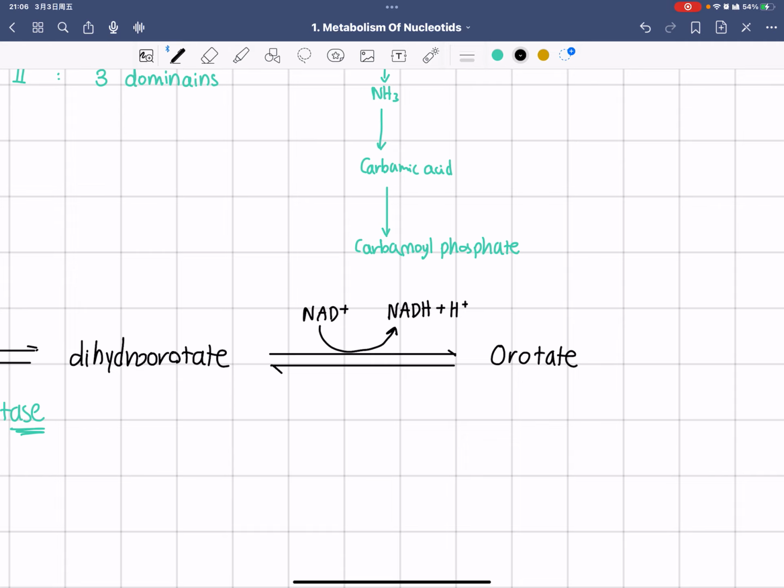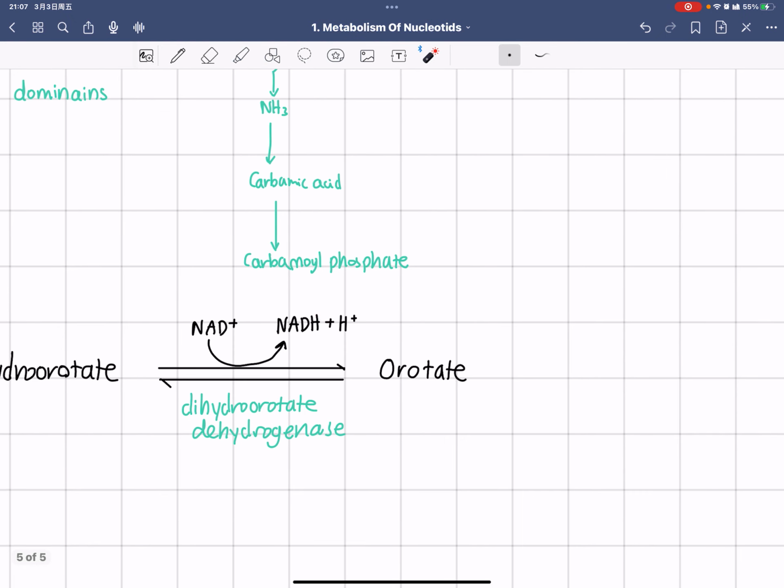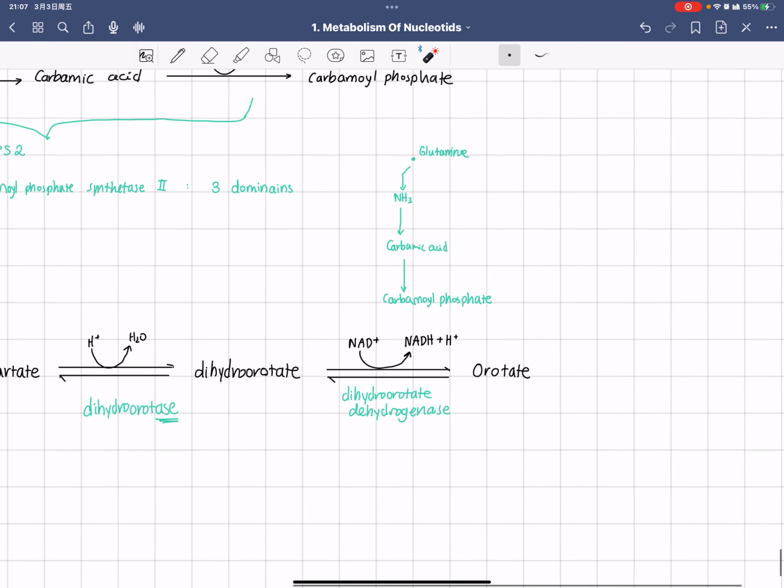Redox. Dihydroorotate dehydrogenation. Of course, every time you have an NAD plus forming an NADH, what can go wrong if you name it dehydrogenase? Dehydrogenase, guys.